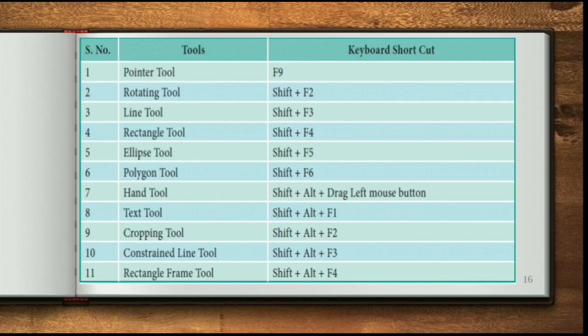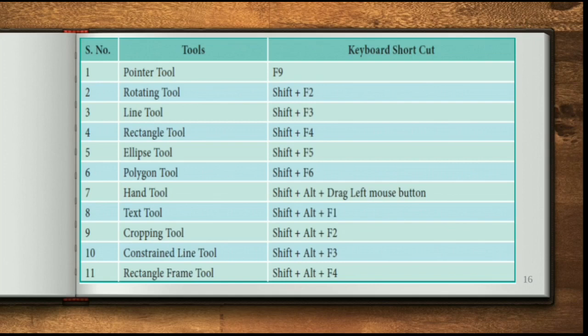For the rectangle tool, press Shift plus F4, and for the ellipse tool, Shift plus F5. For the polygon tool, press Shift plus F6. For the tools from 2 to 6 listed on this screen, you press the Shift key followed by the combination key F2 to F6.